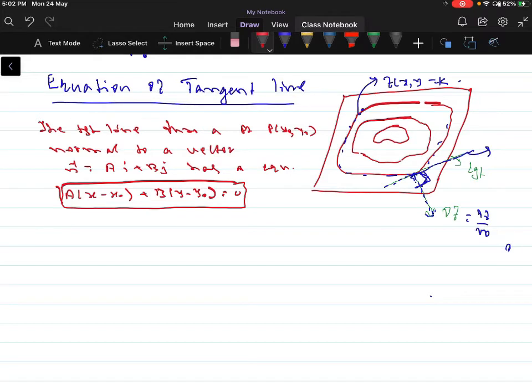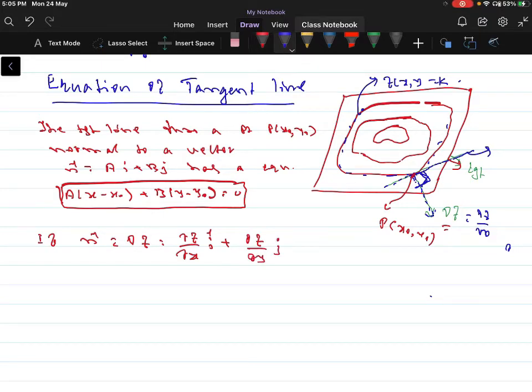Similarly, we can observe the gradient and the tangent to the level curve at a point P equal to (x0, y0). Here the tangent line is perpendicular to the gradient of f. So if n cap is equal to gradient of f, that is ∂f/∂x into i cap plus ∂f/∂y into j cap.